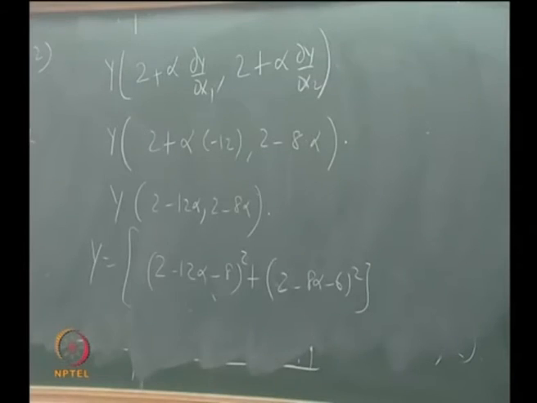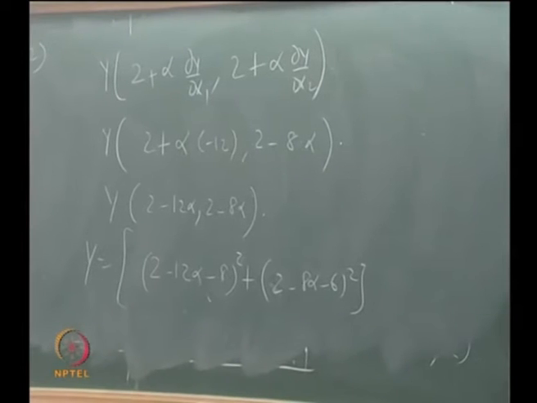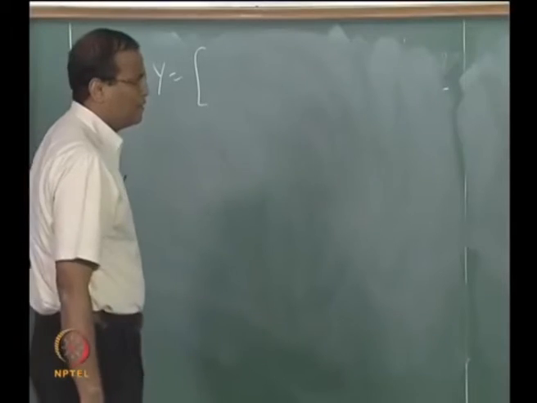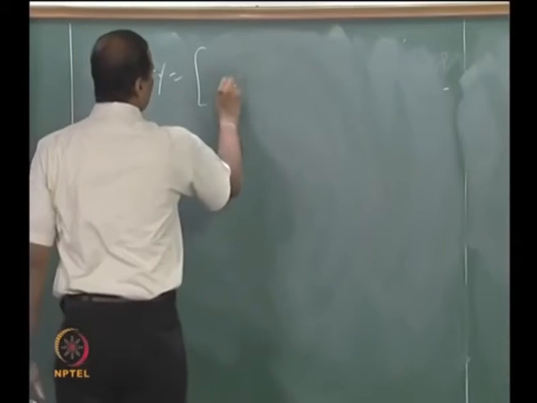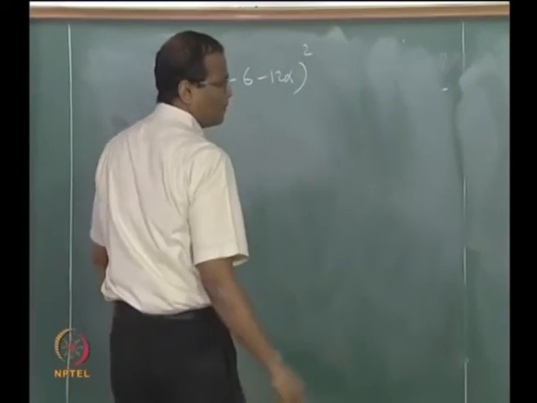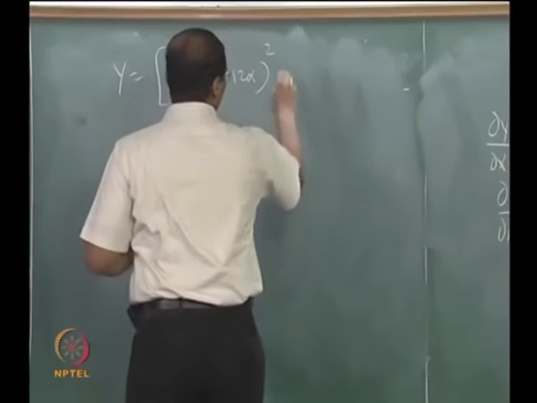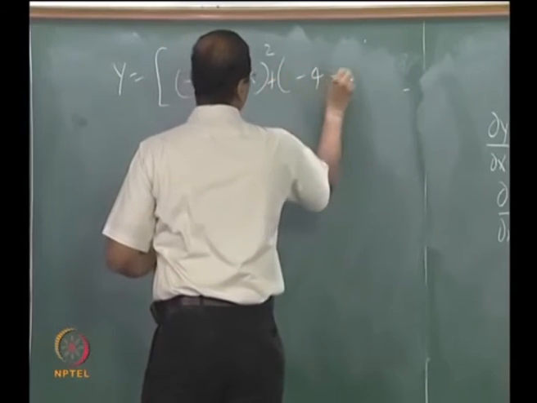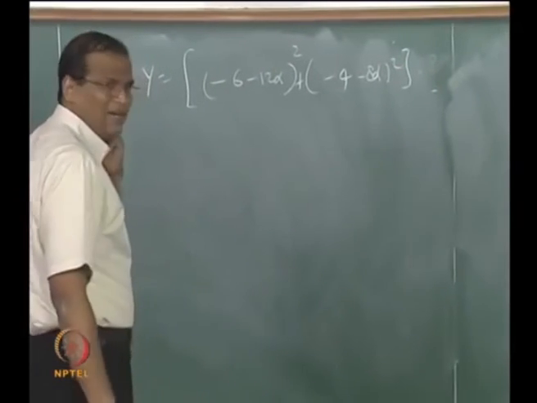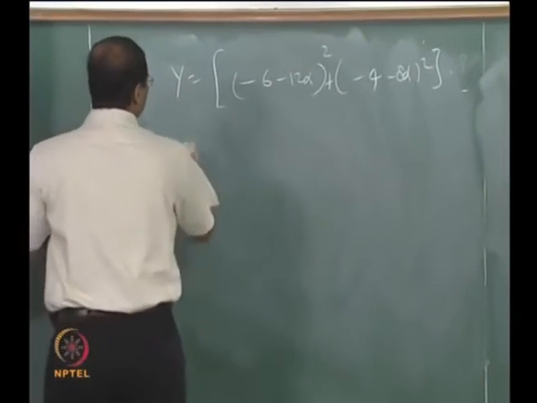Minus 10, minus 12, is it correct? So 6 everything can be taken out, right?